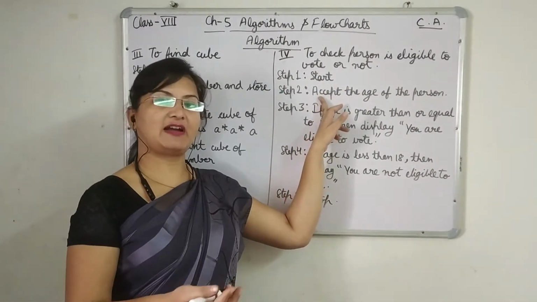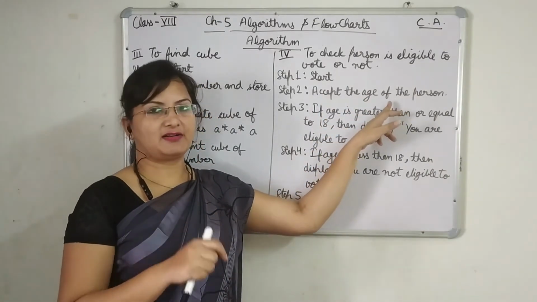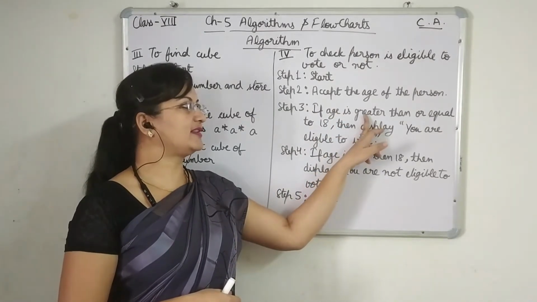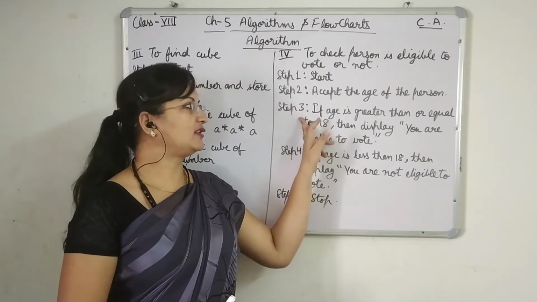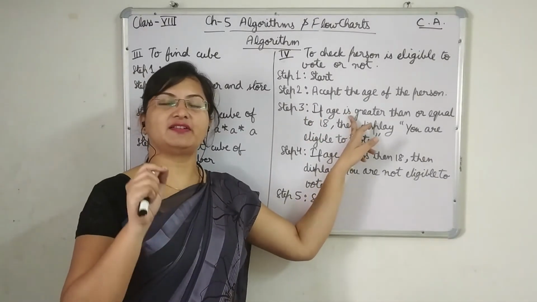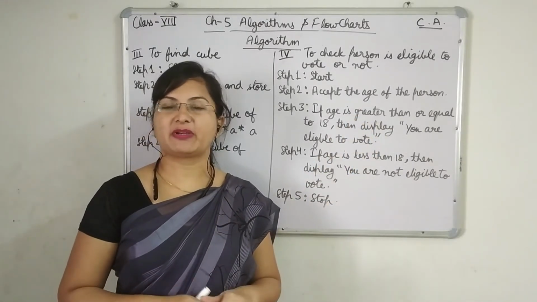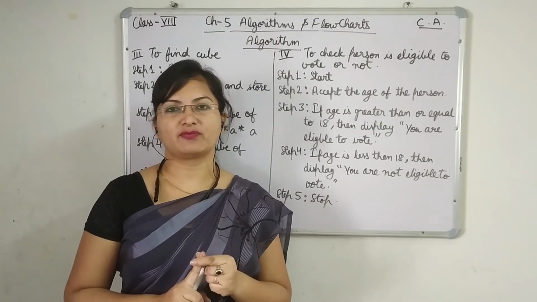In the next you will have to accept the age of the person. So the person will enter the age. Now we will check that it is greater than 18 or equal to 18 or it is less than 18. Got it? So in third step we will check if the age is greater than or equal to 18. Got it? Because the person having age 18 also is eligible to vote.